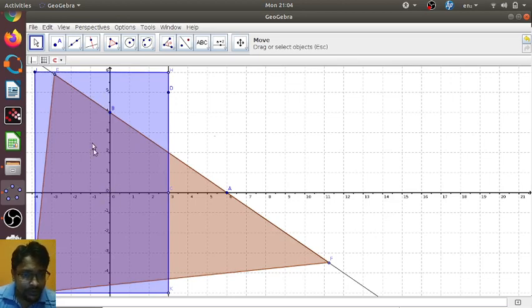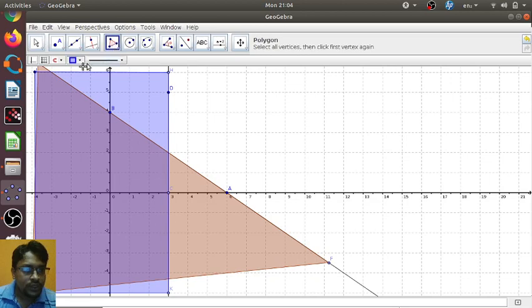From here itself you can see which region satisfies both the inequalities. This will actually continue like that. So the region which satisfies both can be marked this way.